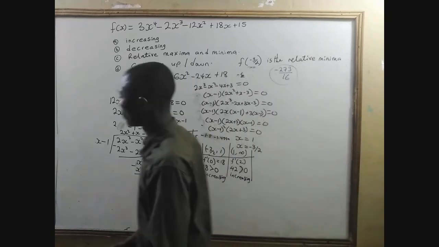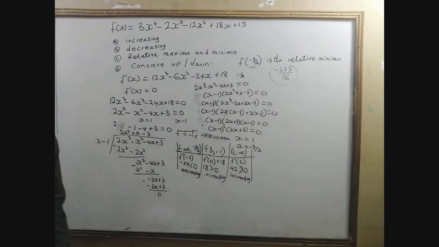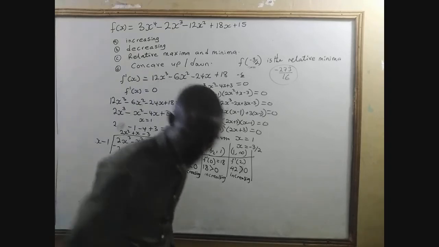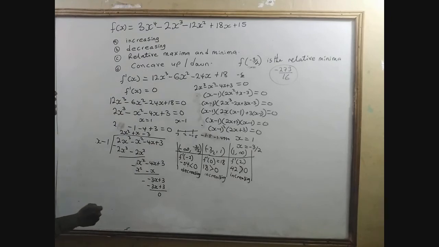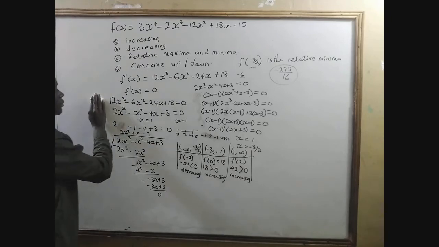Okay, now let's move to the concavity. For us to find the point at which the function is concave up or concave down, we are going to use the second derivative test. So let us find the second derivative of our function.